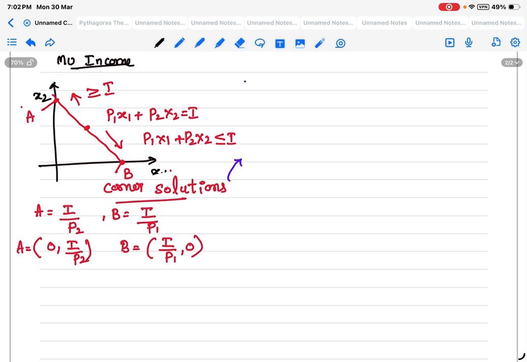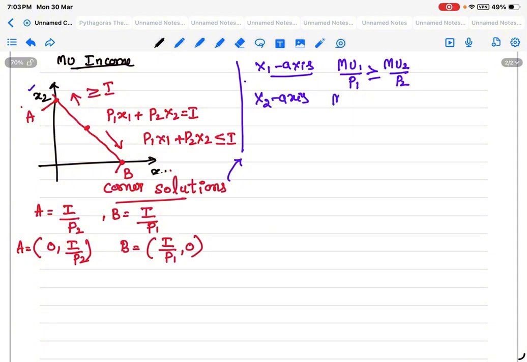The corner solution at the x1 axis: MU1 by P1 is greater than or equal to MU2 by P2. At the x2 axis, MU2 by P2 is greater than or equal to MU1 by P1.